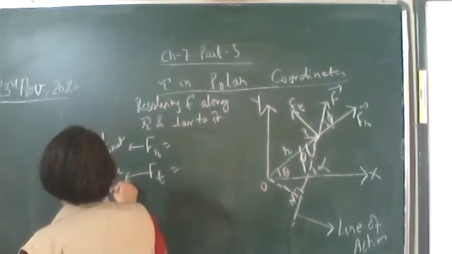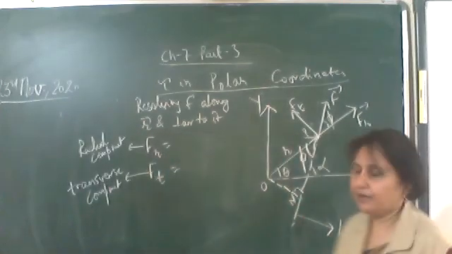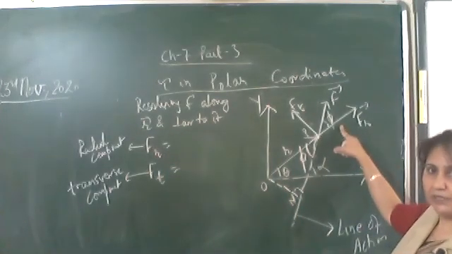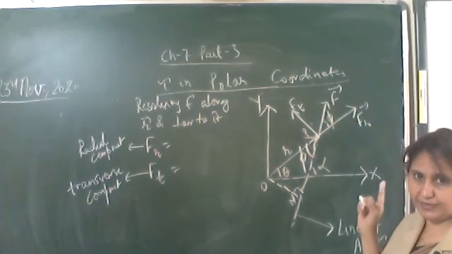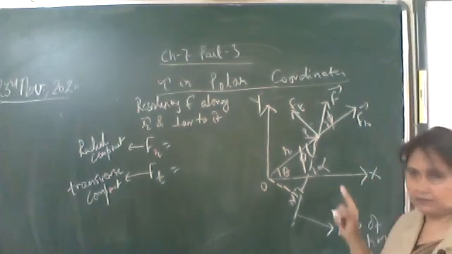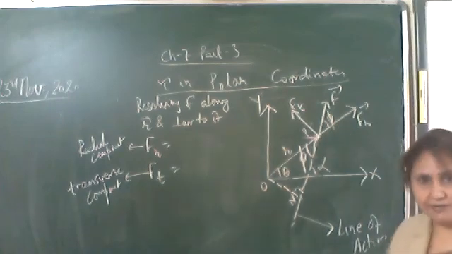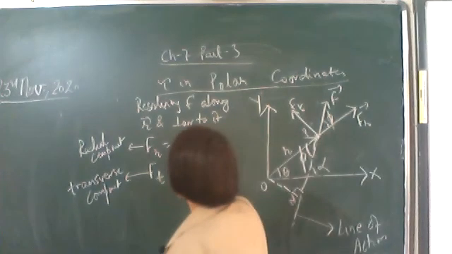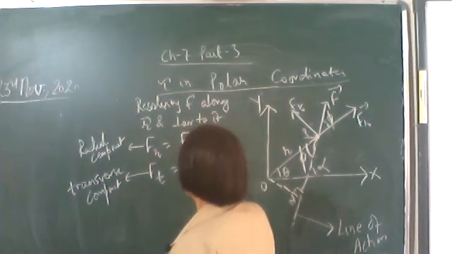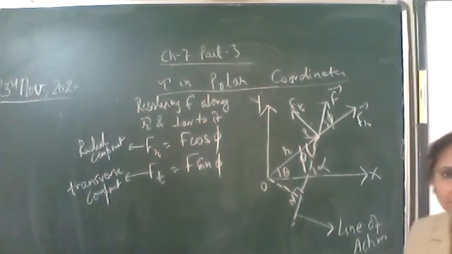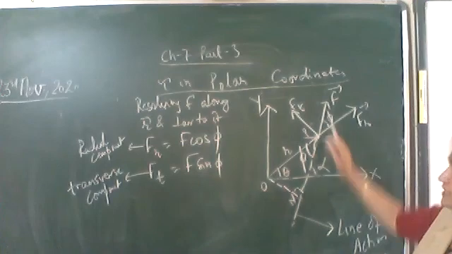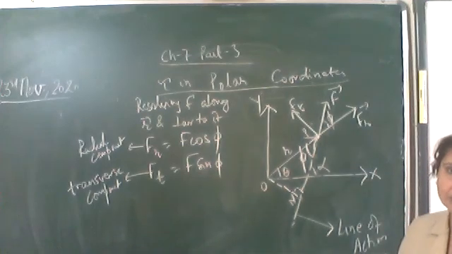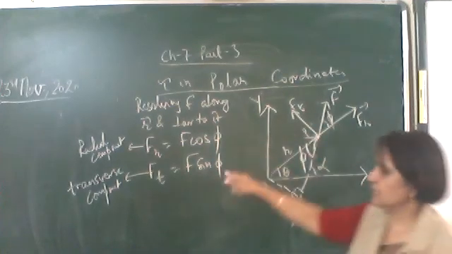Tell me, what is Fr equal to? Fr will be equal to F cos phi. What is the angle between F and Fr? Phi. So Fr is equal to F cos phi and Ft is equal to F sin phi. So the radial component is F cos phi and the transverse component is F sin phi.